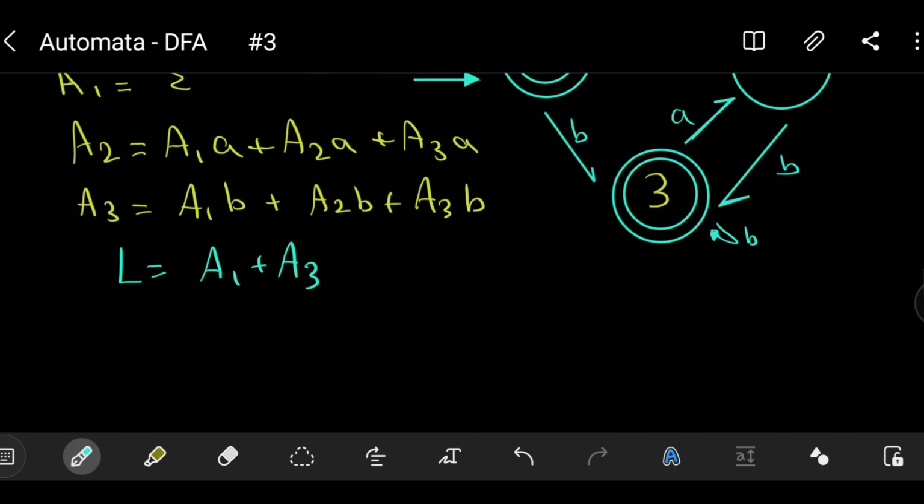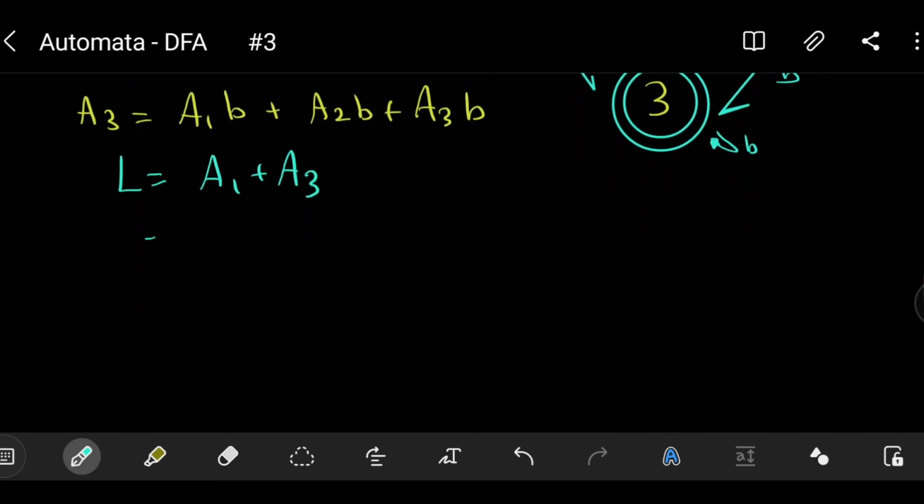So, since we have two final states, we need to mention them. So, A1 is equal to epsilon, and from above we have here A3B.